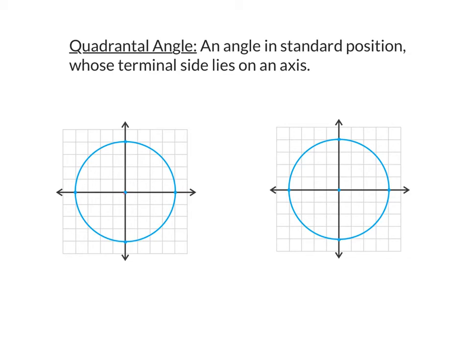In degrees, with one trip around the circle, we have 4 quadrantal angles. First one, of course, being this 90 degrees. As we continue around, if the terminal side lies on this axis, we're looking at 180 degrees. Down here is 270 degrees, and then 360 degrees.